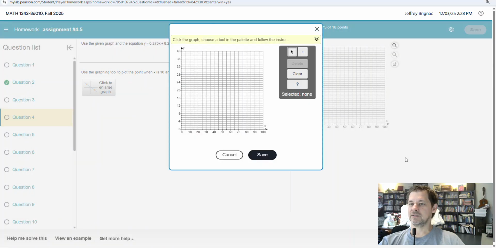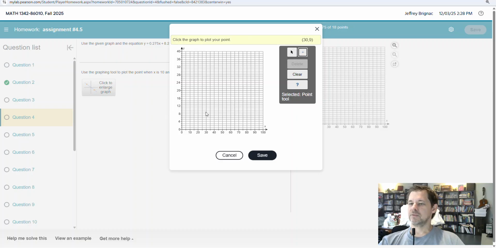Now, in order to locate the points, I select the point tool, and then it will allow me to locate a point somewhere. So what was that first point? It was right 10 and then up 11. Sorry. So I got it right 10, and then I'm going to very carefully move it around until it's up 11. Okay. So there it is.